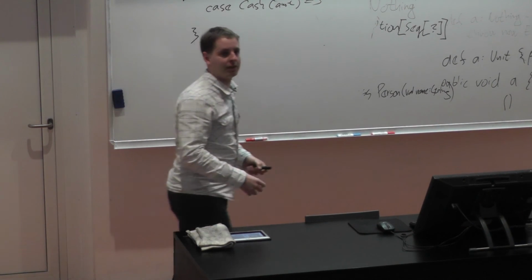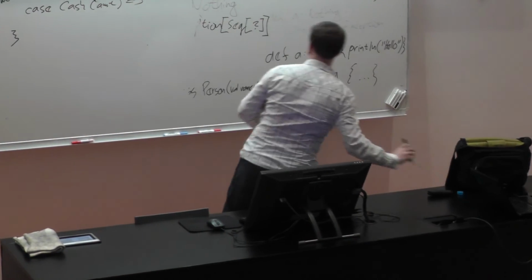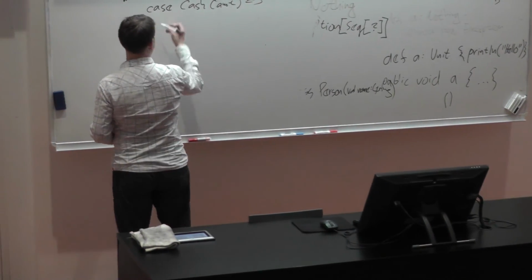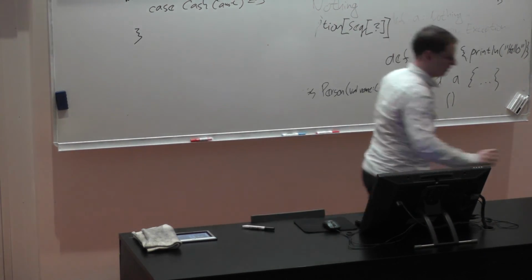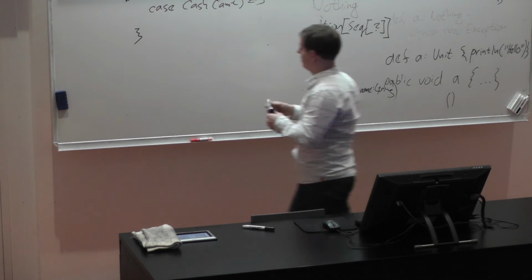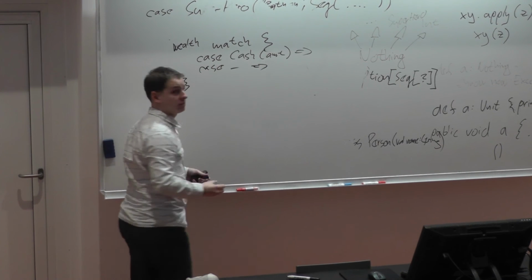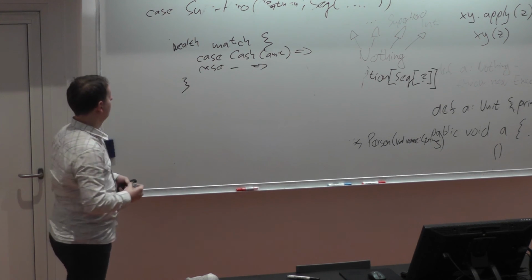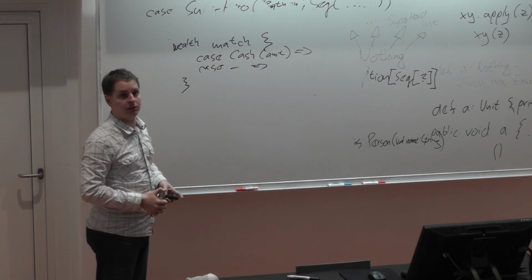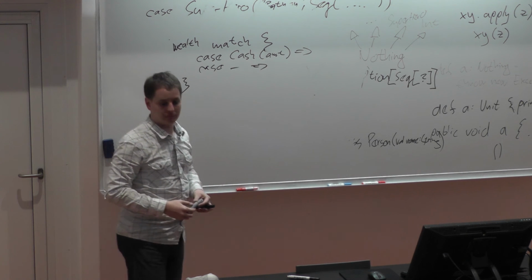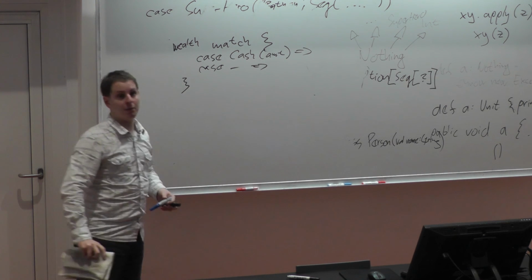So you need to do something. You can put this. Or if I don't put this, will the compiler throw an error? No, a warning. It will emit a warning.